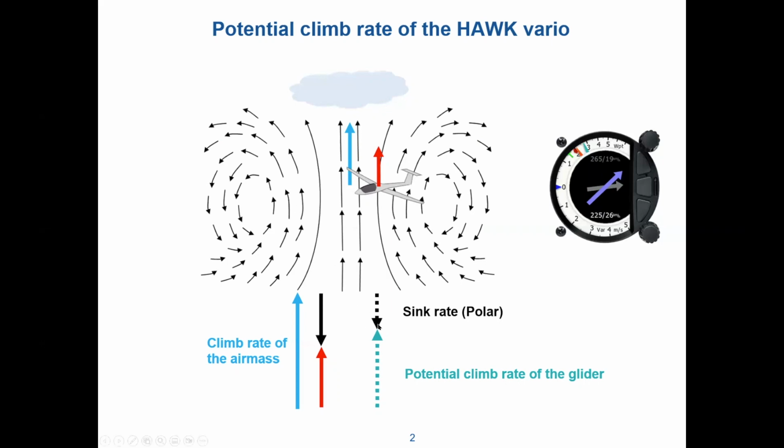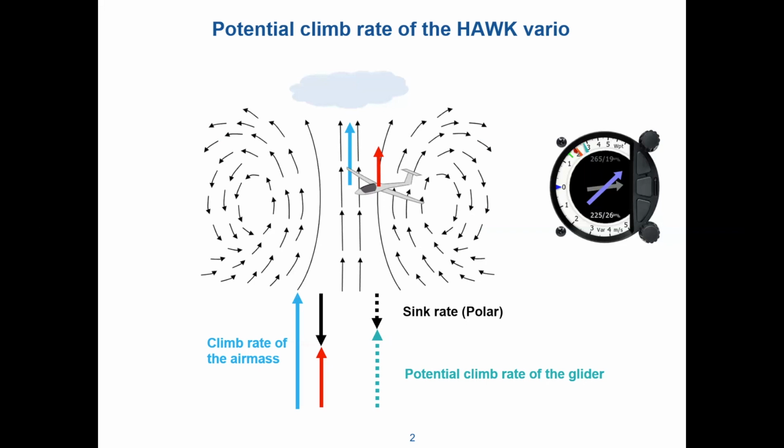And you see here that the theoretical sink rate is then subtracted: climb rate, sorry about it, climb rate minus theoretical sink rate equals the potential climb rate. Potential means this is the best climb rate you can obtain for this climb rate of the air mass.